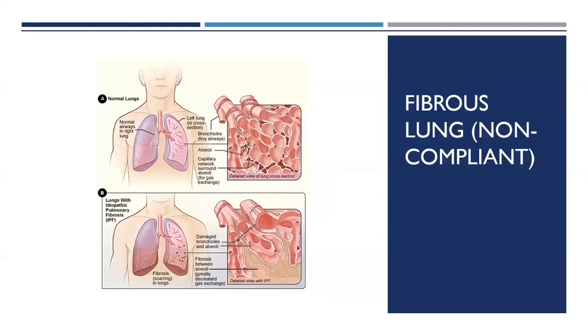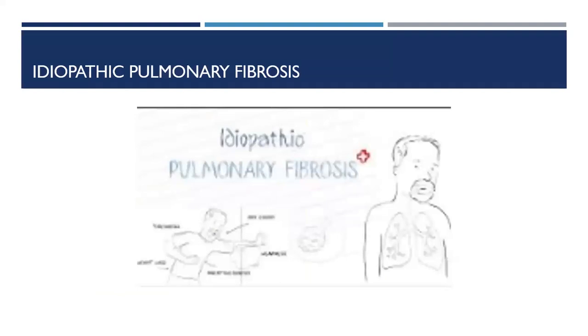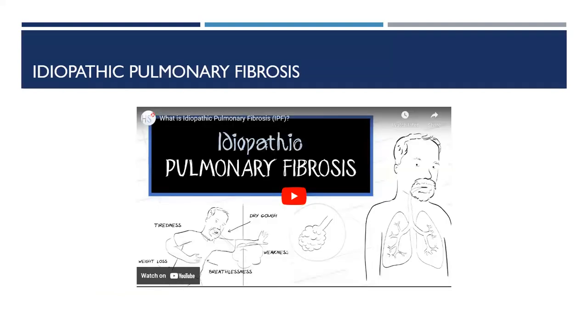A fibrous lung, pulmonary fibrosis. With pulmonary fibrosis, the most common kind that we have is called idiopathic pulmonary fibrosis. And with idiopathic pulmonary fibrosis, we have a thickening. That's what fibrosis means.